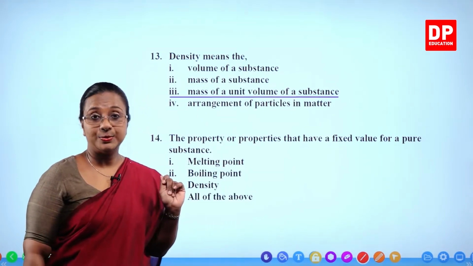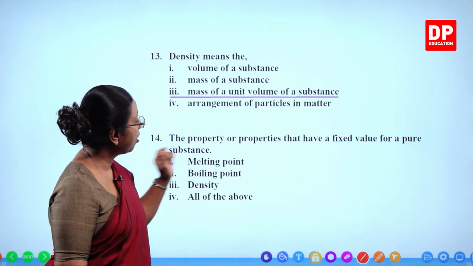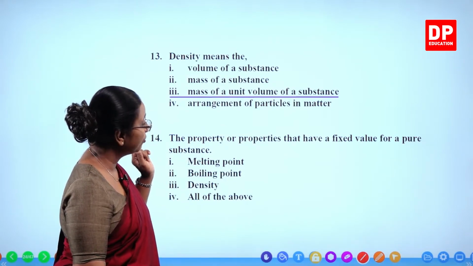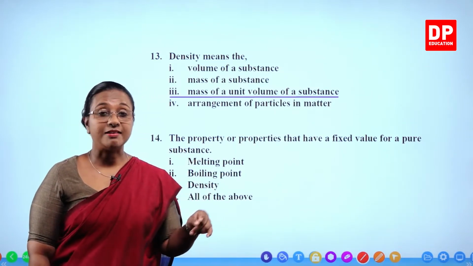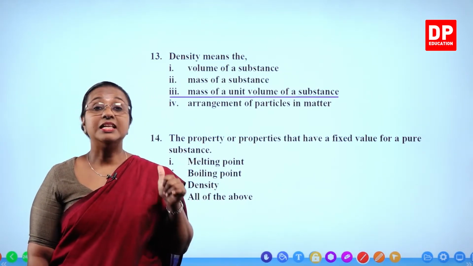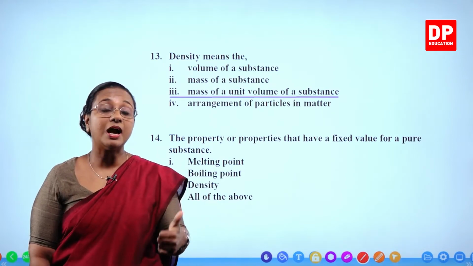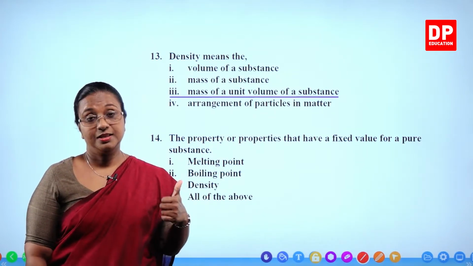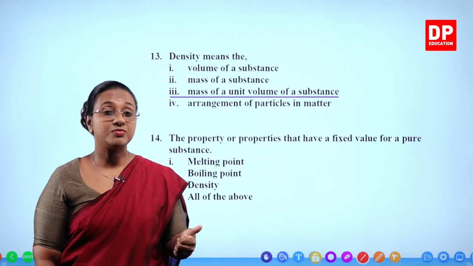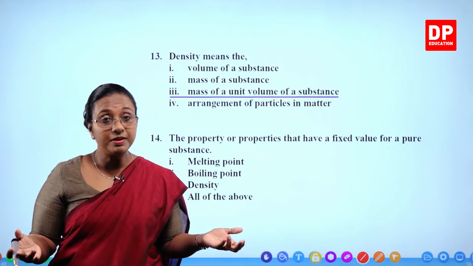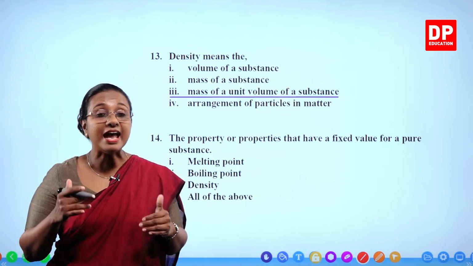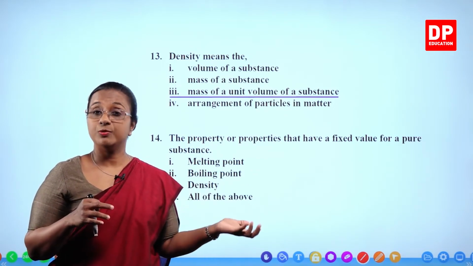Then the 14th one, the property or properties that have a fixed value for a pure substance. What are the properties? You can remember melting point, the temperature at which a solid becomes a liquid at standard atmospheric pressure. Even though you provide heat, the temperature doesn't change, and that will be a fixed value for a pure substance.